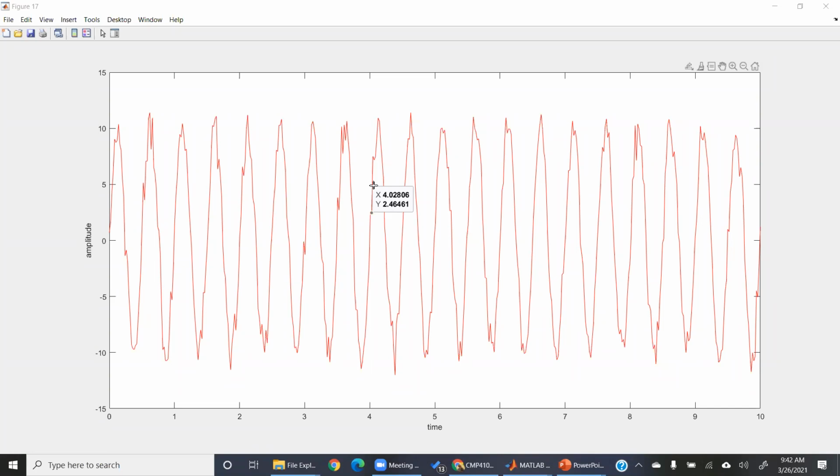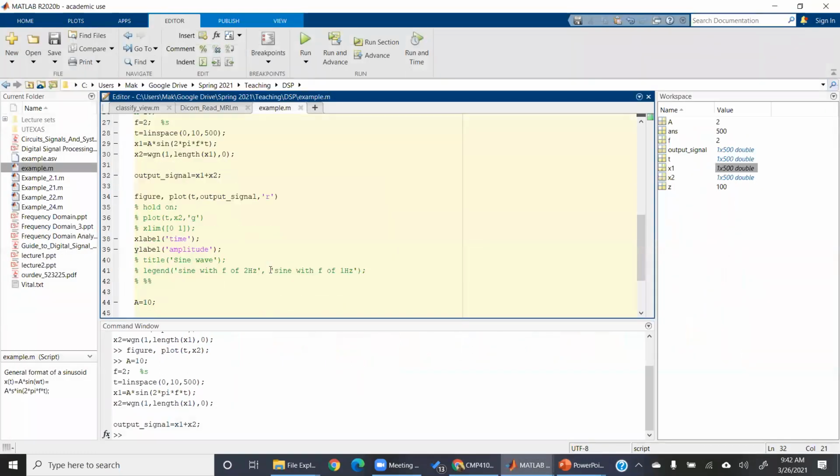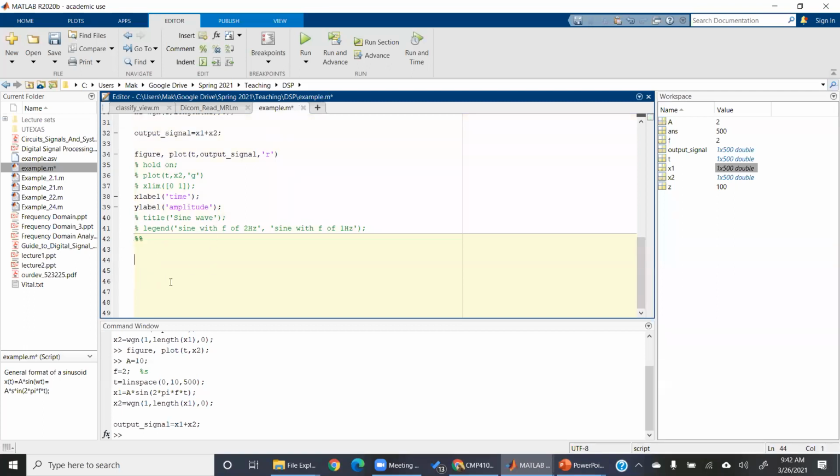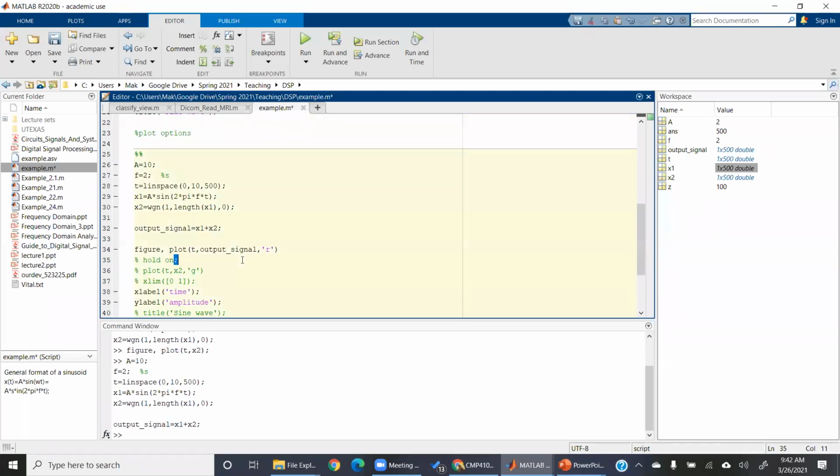That is what digital signal processing is all about. One of the objectives is to manipulate the signal, to clean the signal and remove noise from it. But what I was trying to demonstrate here is how you can add two signals and plot the output. Any questions?